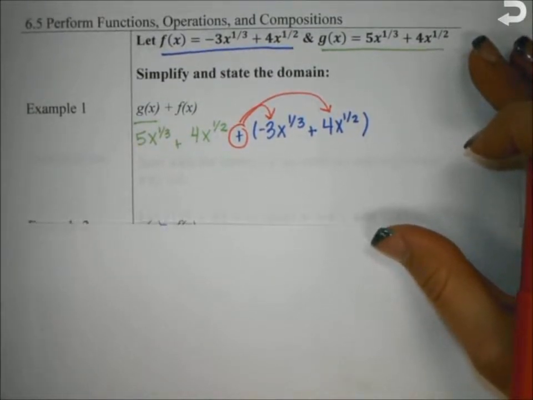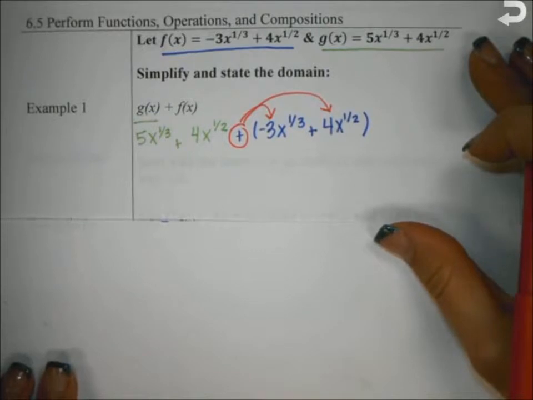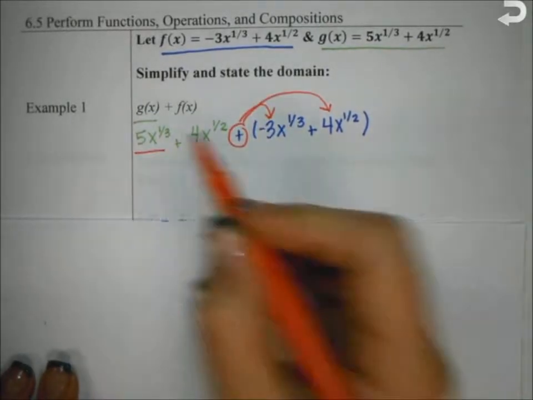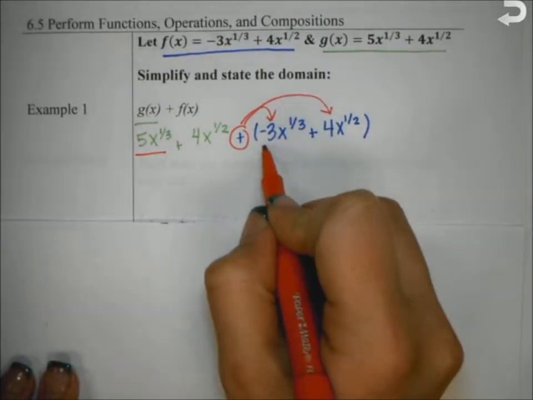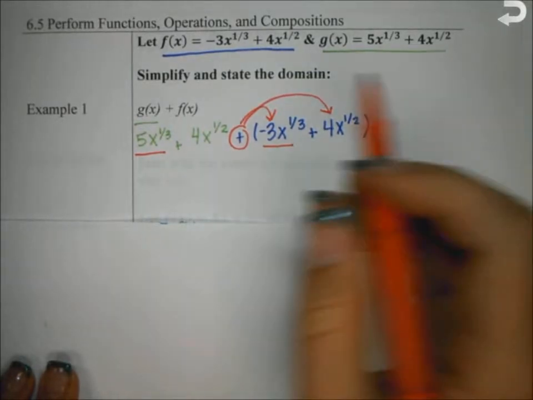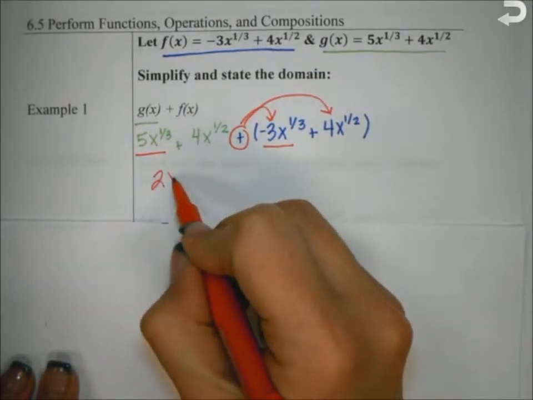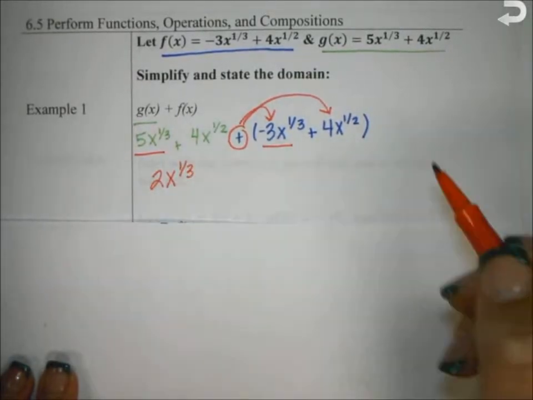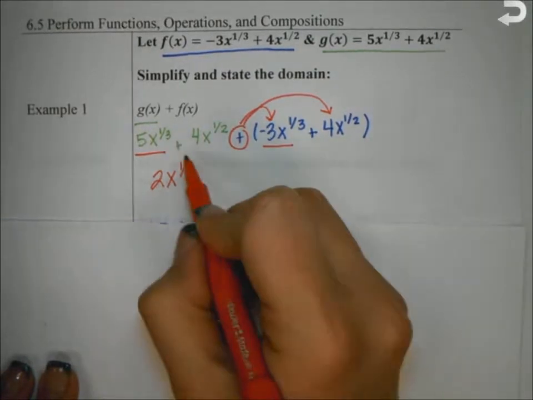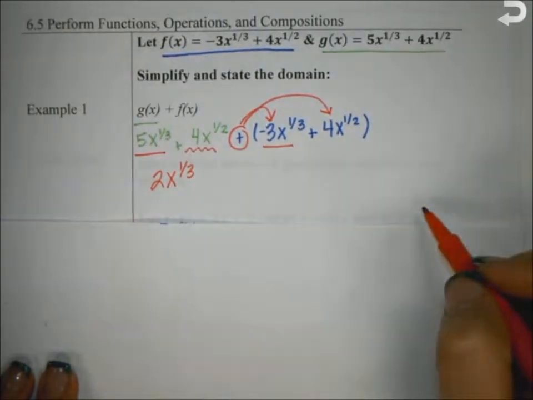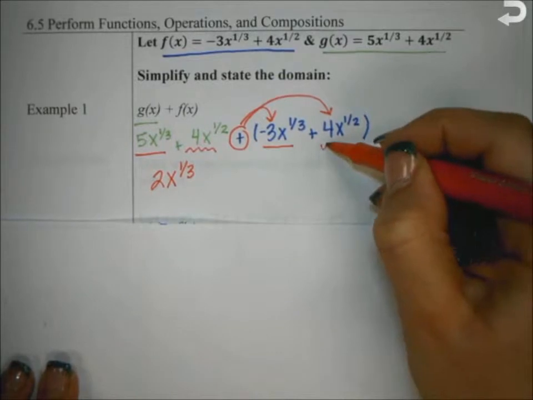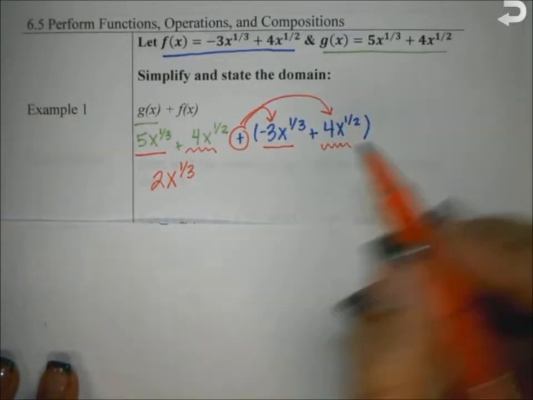We have 5x to the 1/3 and negative 3x to the 1/3. What does that give me? 2x to the 1/3. And then we also have positive 4x to the 1/2 and positive 4x to the 1/2. So that gives me plus 8x to the 1/2.